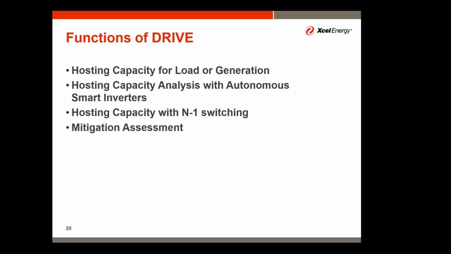If an interconnection request were to be greater than what the current hosting capacity is, how can we do the analysis to look across different potential solutions and see what solutions are viable to get that location to go from X hosting capacity to Y hosting capacity, and Y being higher.